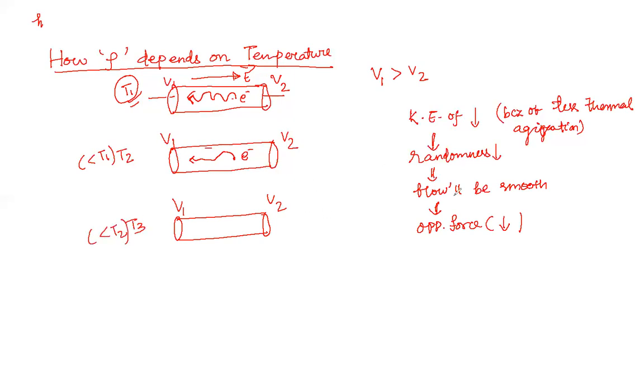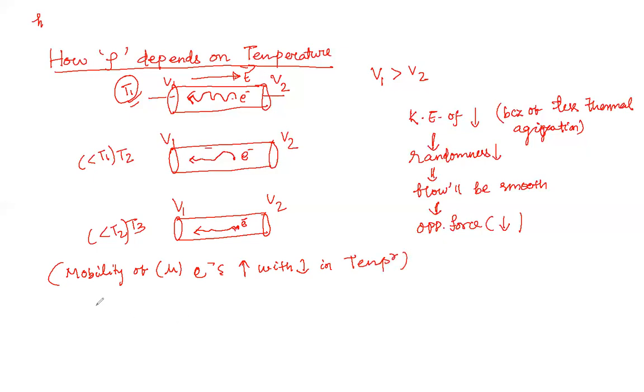In that case, the path of the electron becomes very smooth, because we studied that the mobility of the electron, mu, increases with the decrease in temperature, because hindrance is lowered in this case.